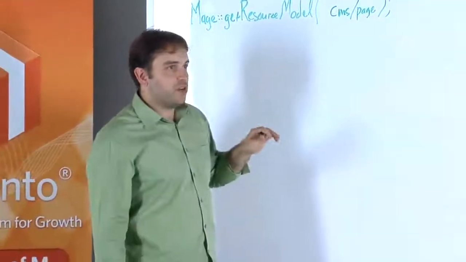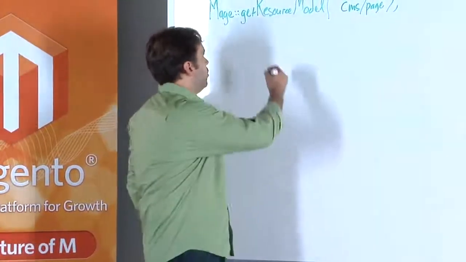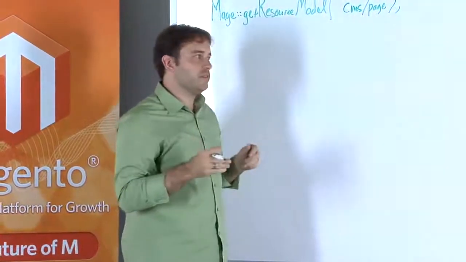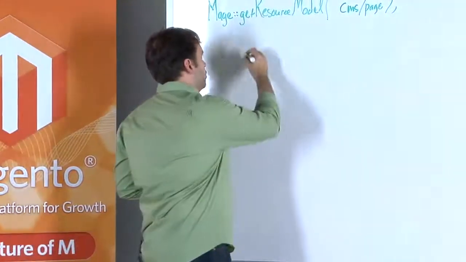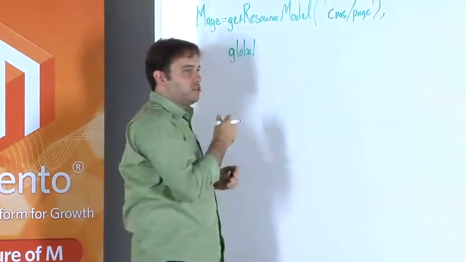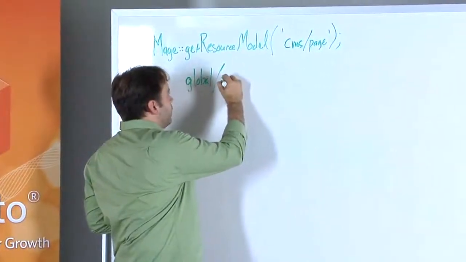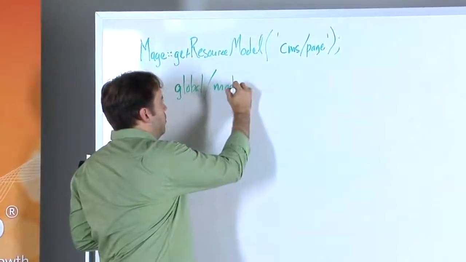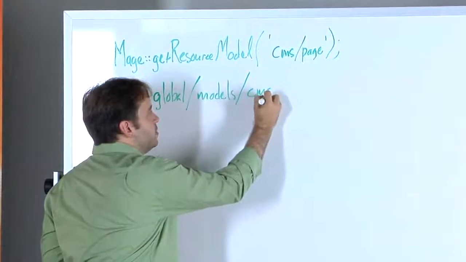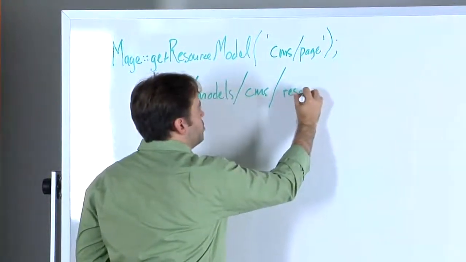Now the difference is, whereas CMS page in get model would look under a certain place in the configuration DOM structure, we're going to look for this XPath, global, models, CMS, resource model. This is Mage Core Model Config, again, doing the work.